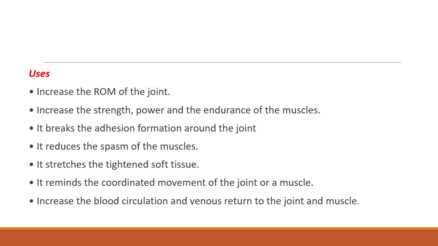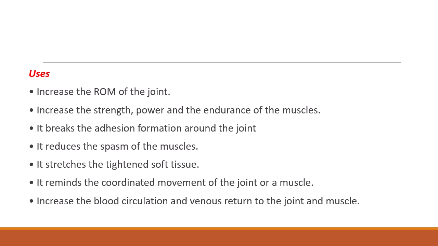Okay, let us see once again. We can do the exercises, active and passive exercises. If there is a branch, we can do assisted and resisted exercise. We will get an increase in the range of motion of the joint, and an increase in the strength, power and endurance of the muscle.